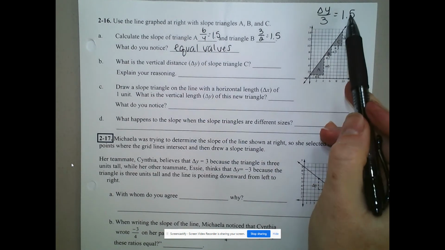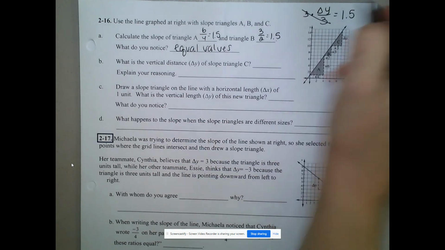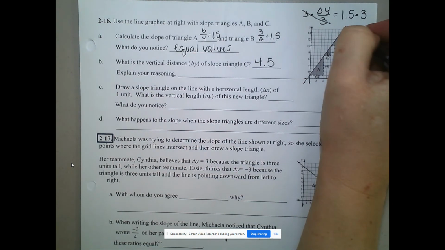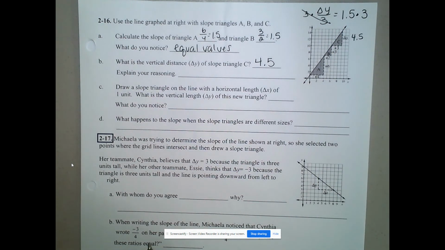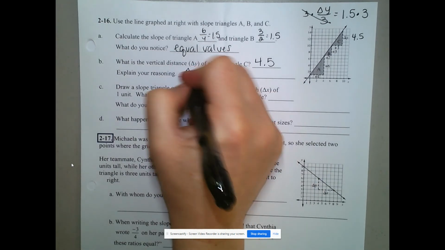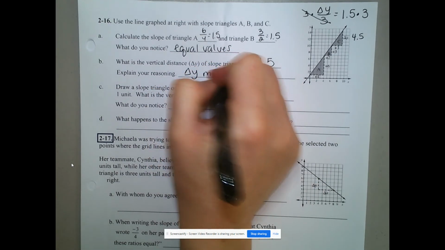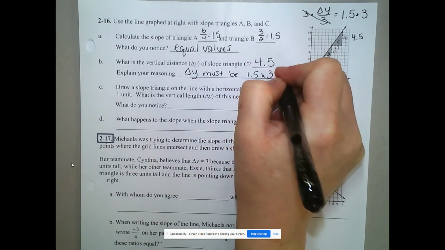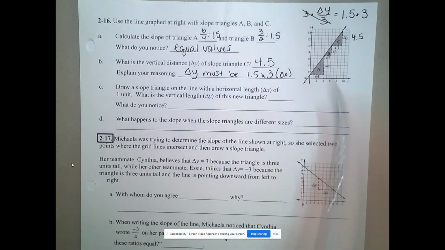I can multiply both sides by 3 and get 1.5 times 3, and it would have to be 4.5. Delta y would have to be 4.5 to be divided by 3 and get 1.5 as the result. So delta y must be 1.5 times 3, because 3 was the delta x. It was the change in x.